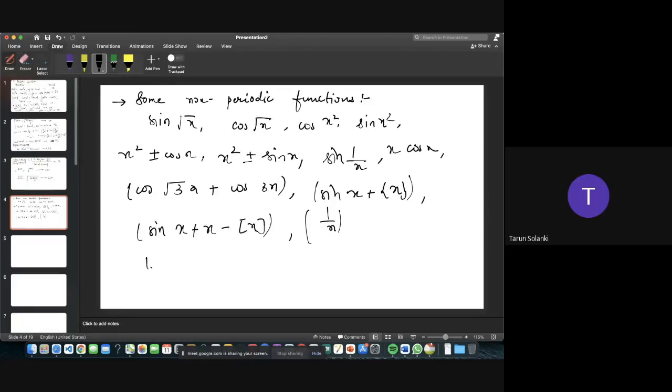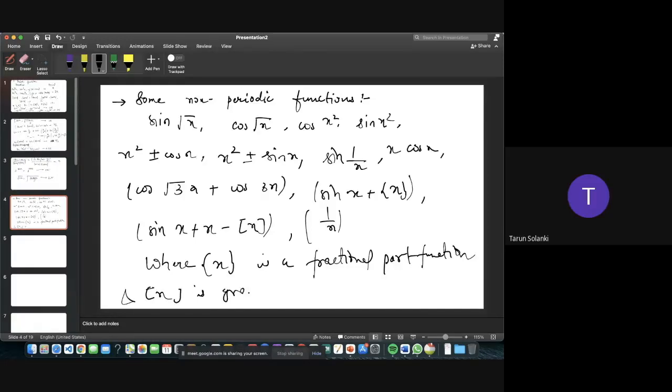So all these where x is fractional, this is a greatest integer function, right?